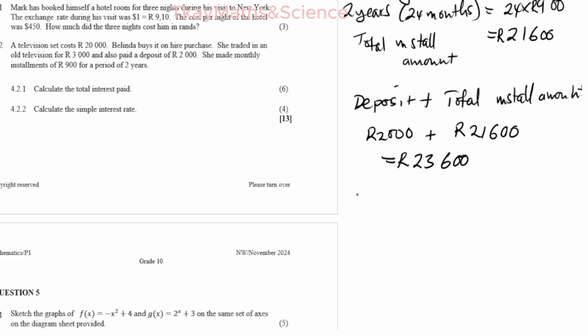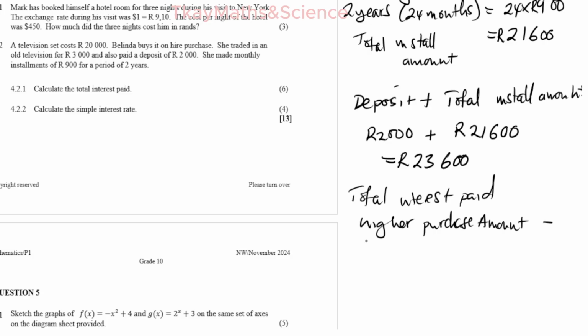Total interest paid is gonna be the hire purchase amount minus the cash price, right?